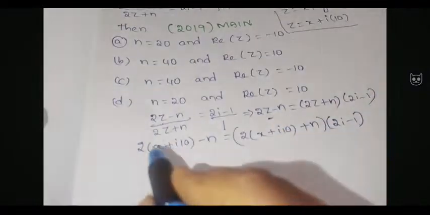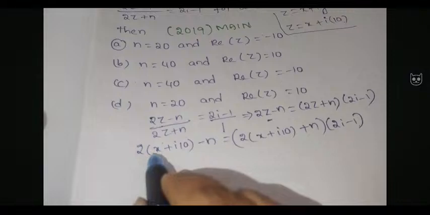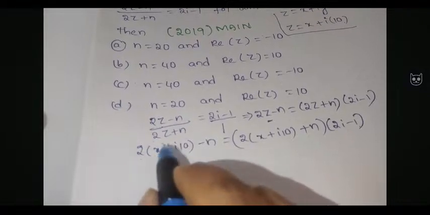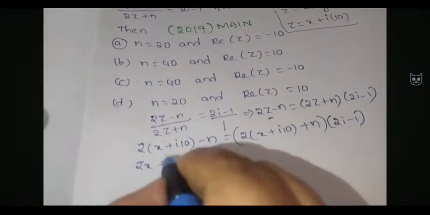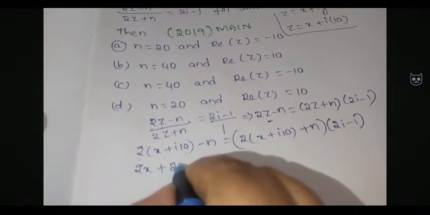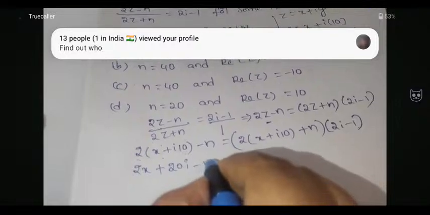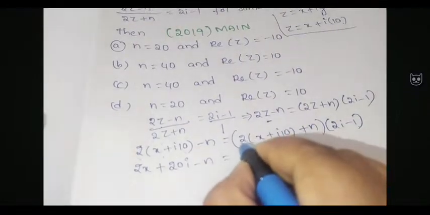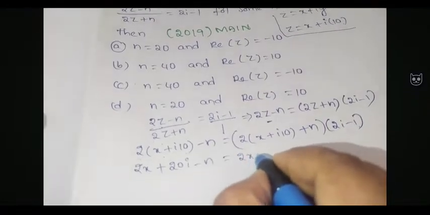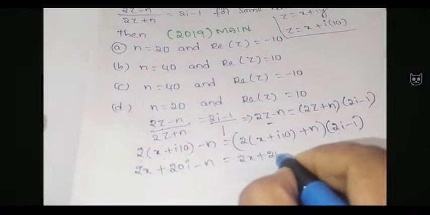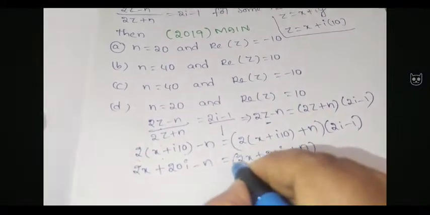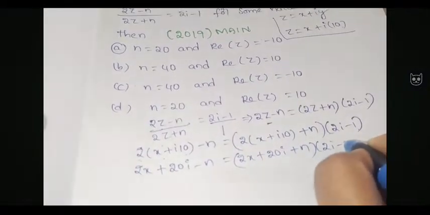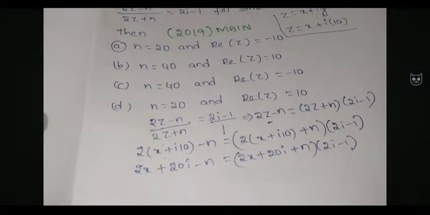Now multiply this 2 with the terms inside: 2 into x is 2x, plus 2 into 10, 20i, minus n, that equals 2x plus 20i plus n into (2i minus 1).